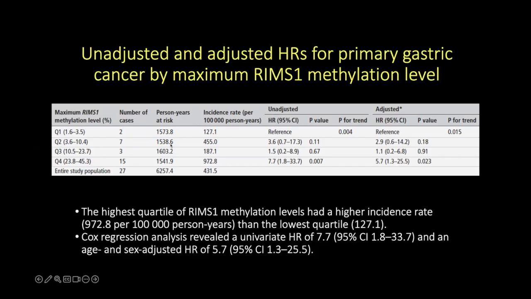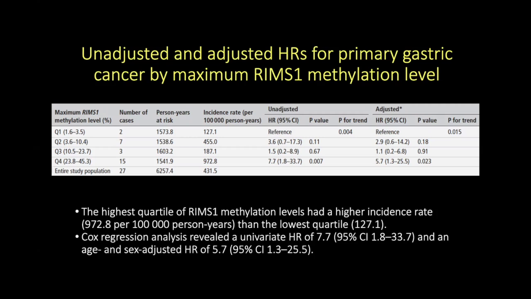Now, when you convert it to the incidence rate, that translates to 127.1 per 100,000 person years in Q1, compared to 972 per 100,000 person years in the Q4 group.